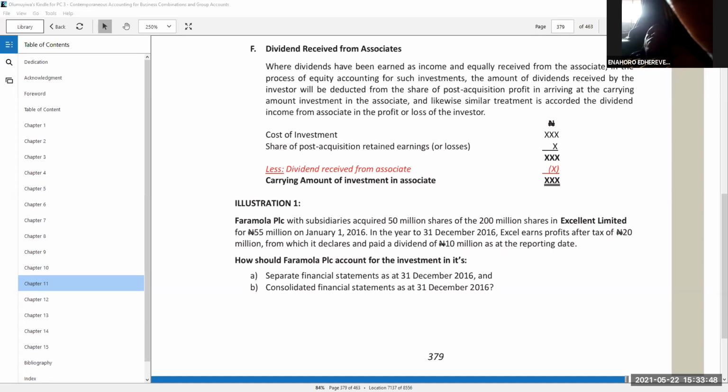In the year to 31st December 2016, Excellent Limited earns profit after tax of 20 million, from which it declared and paid a dividend of 10 million as at the reporting date. How should Amola PLC account for the investment in it? A, separate financial statement as at 31st December 2016, and B, consolidated financial statement as at 31st December 2016.